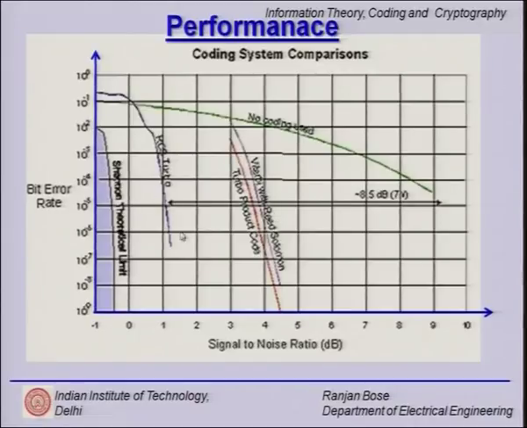So, relatively speaking, it is much closer to Shannon's limit, and you can get a remarkable performance. Suppose you are working at 10 raised to minus 5, then with respect to uncoded, you can have a humongous 8.5 dB coding gain because of this RSC turbo encoder.